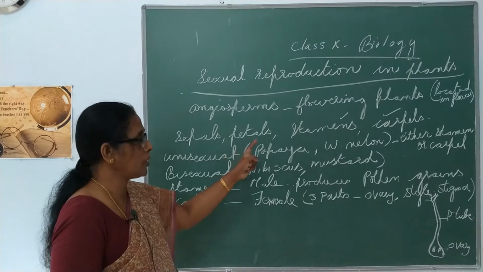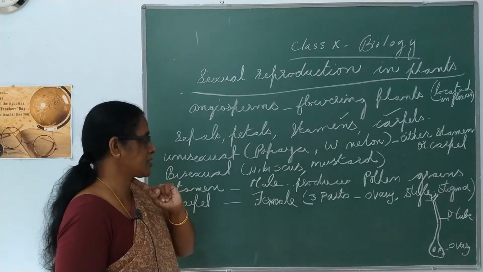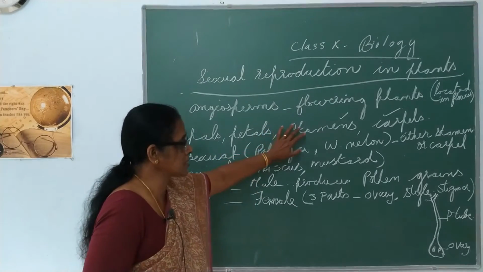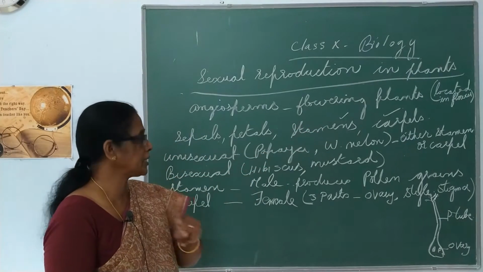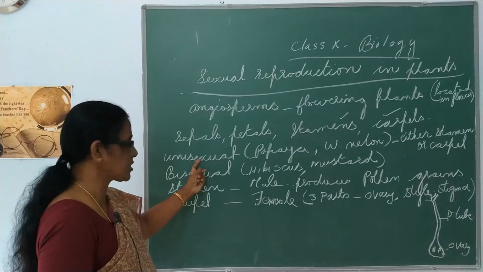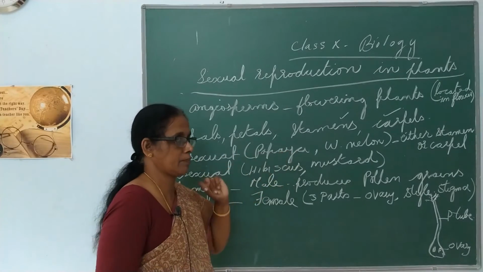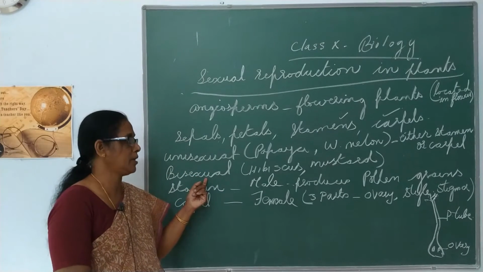Unisexual means only one type of reproductive organ is present, either stamen or carpel. Stamens and carpels are the reproductive organs, and if only one is present, we call it a unisexual flower. Example, papaya, watermelon. The next one is the bisexual flower.